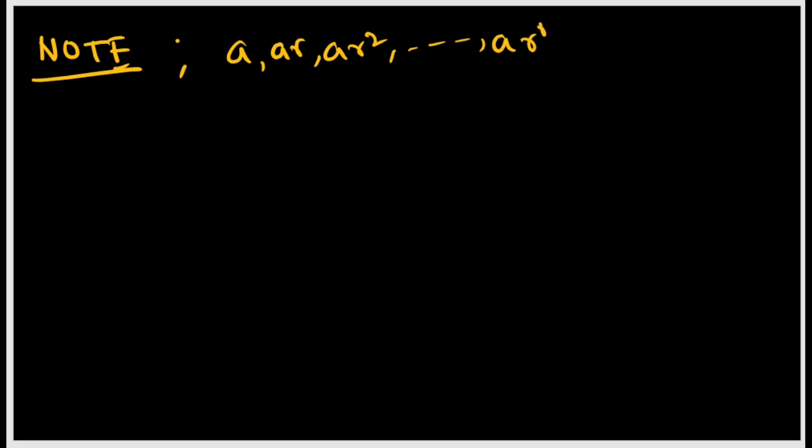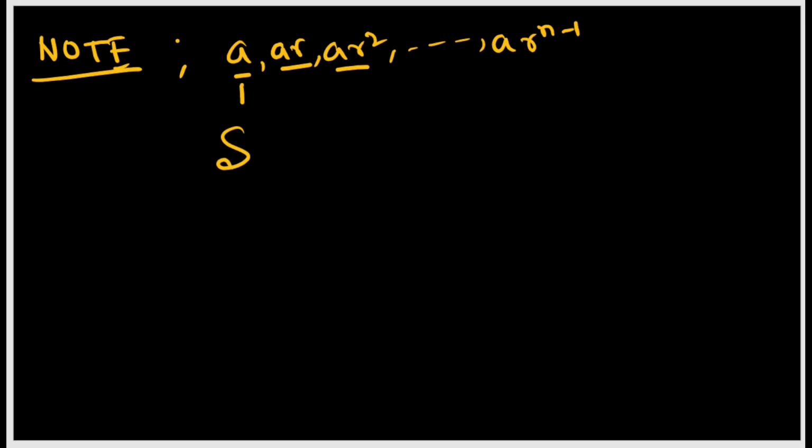Let us write a note on the sum of a GP series. Suppose the GP series is a, ar, ar^2, up to ar^(n-1). Here a is the first term, ar the second term, ar^2 the third term, and r is the common ratio.